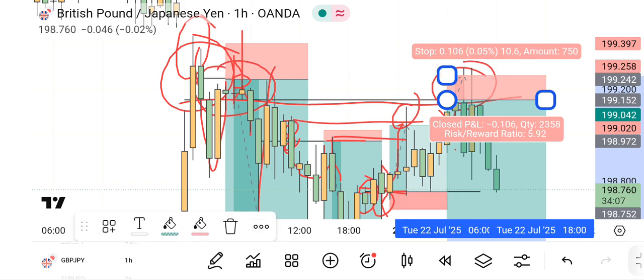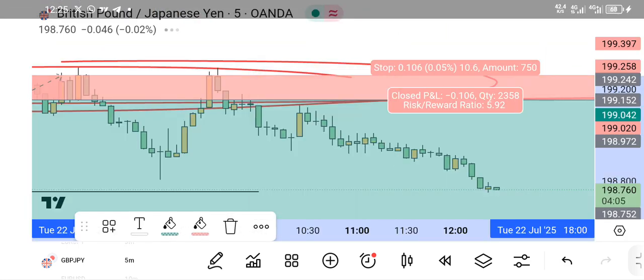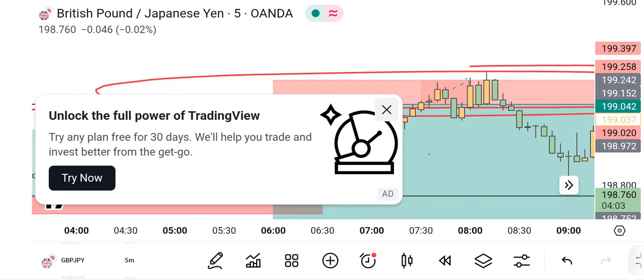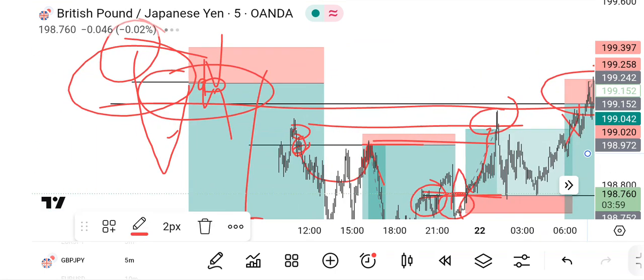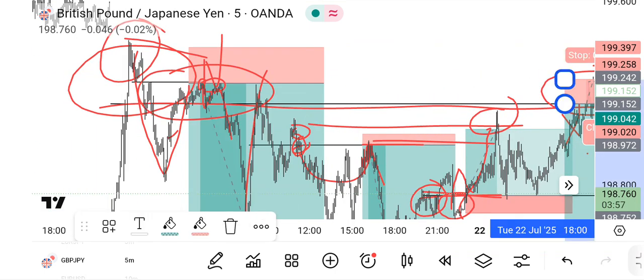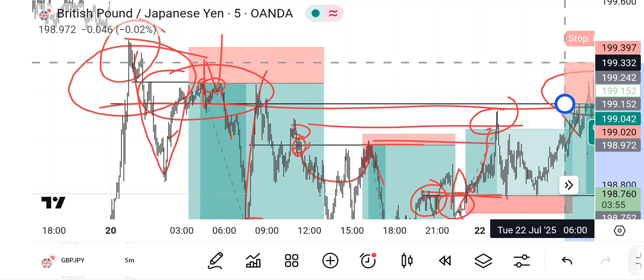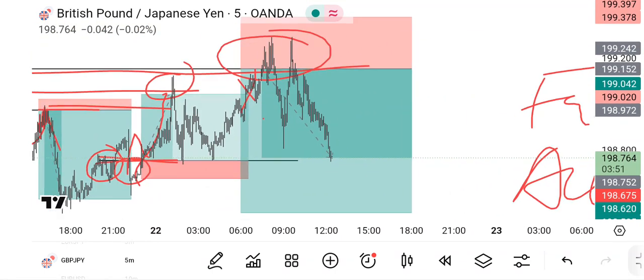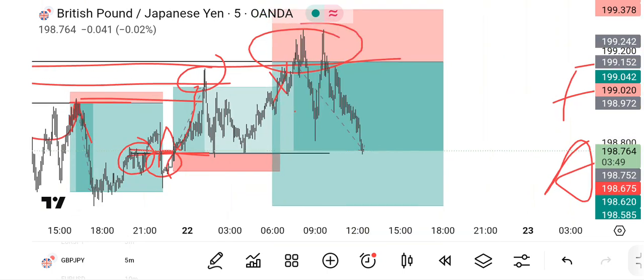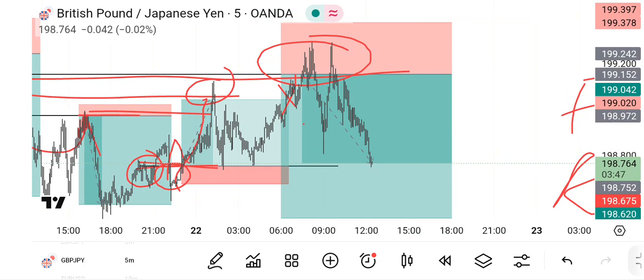But let me go to the lower time frame for the last high. Using the lower time frame, the stop loss was supposed to be around the, which will also still give 1 to 2.77, which will also be right.